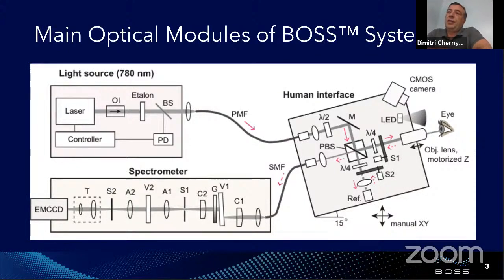And then the signal that comes back gets analyzed by a fairly sophisticated spectrometer that can measure the minute frequency changes that happen due to light interacting, as was again explained in some of the earlier talks.